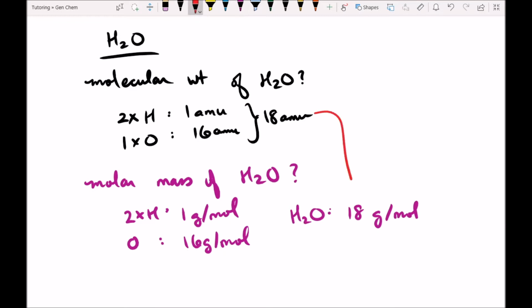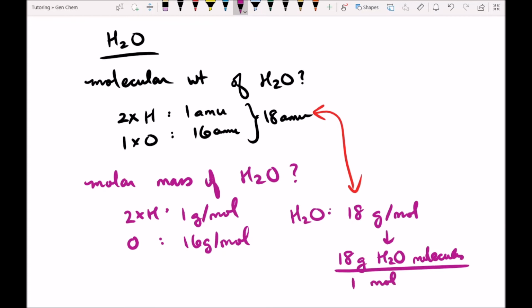And what you can see is that numerically the molecular weight and the molar mass are the same for a water molecule. And this molar mass is a fraction, and it means there are 18 grams of water molecules per 1 mole of water.